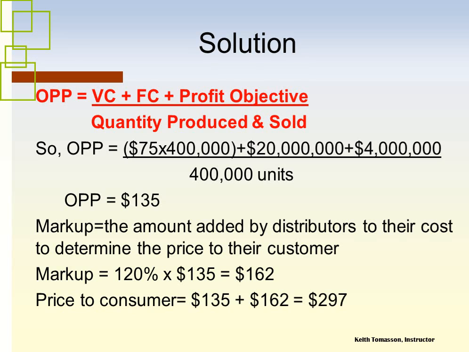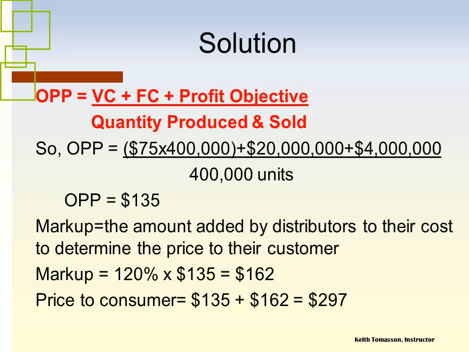If not, we may need to go back to the table and perhaps negotiate with our distributors, see if there are ways to reduce our variable costs, or do we have to reassess our profit objectives and perhaps the quantity produced and sold, to determine whether this is a viable concept before we go to the market.